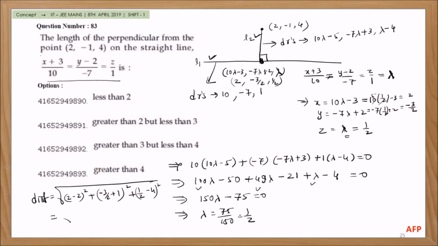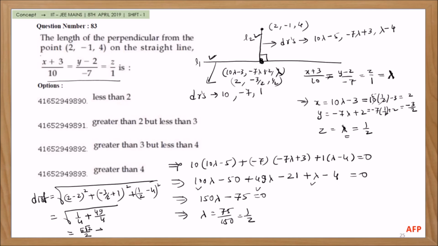So 0 you got, 1 by 4 you got, plus 49 divided by 4 you got, which is nothing but 50 in the numerator divided by 4 in the denominator. 50 you can write as 5 root 2.